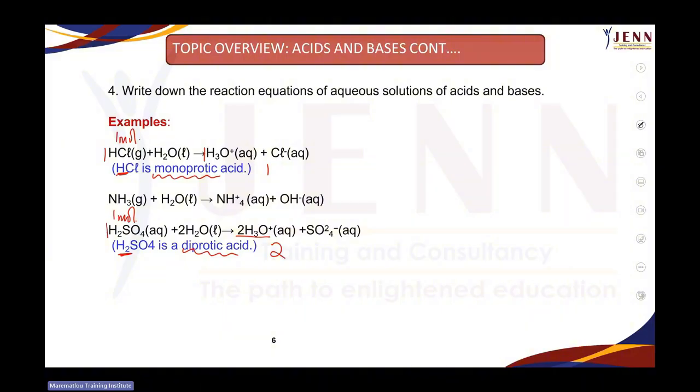So in the products you're only going to have 1 mole of hydronium ions on one side, whereas on the other side you're going to have 2 moles. That means the sulfuric acid solution will be more concentrated than hydrochloric acid. It will have more particles per unit volume.